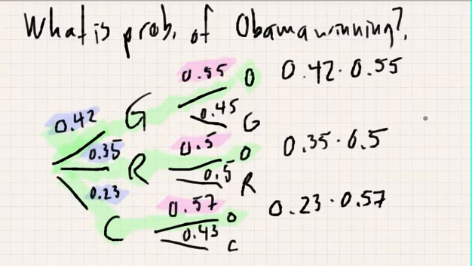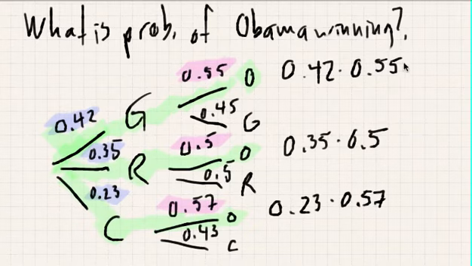Now, I didn't compute these numbers beforehand, so just give me a second to do that. 0.42 times 0.55 is 0.231. 0.35 times 0.5 is 0.175, and 0.23 times 0.57 is 0.1311.